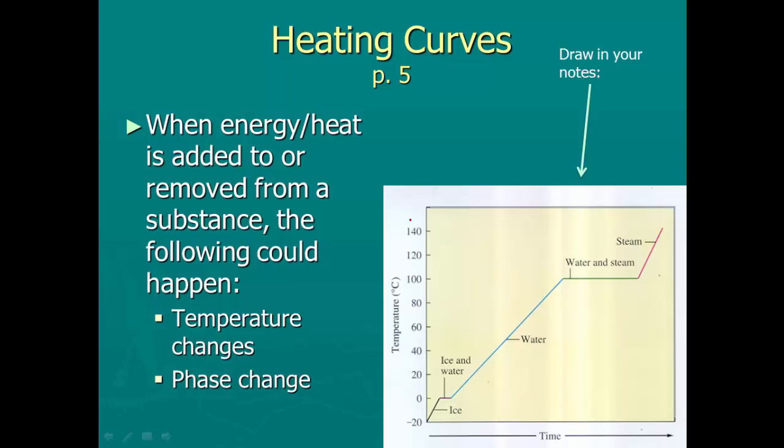So what you need to imagine is that you start with a pure solid at the beginning. So if you go back here to time equals 0, we have what is labeled as ice, okay? So we have a very, very cold pure solid, and that's what we're starting with.